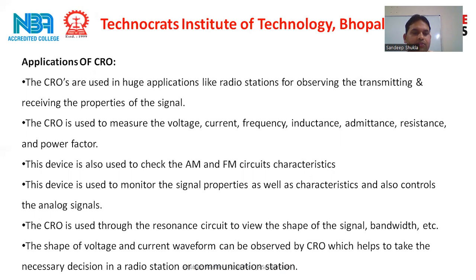The CRO is used with resonance circuits to view the shape of the signal, bandwidth, etc. The shape of voltage and current waveforms can be observed by the CRO, which helps to take the necessary decisions in radio stations or communication stations.